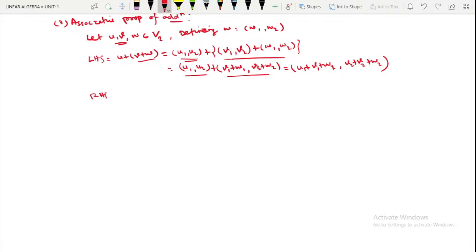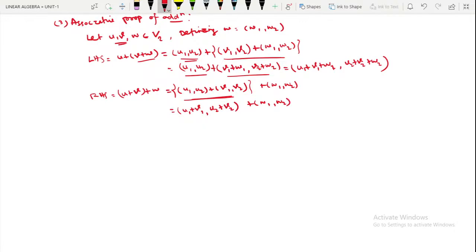Similarly, if I come from the RHS, your RHS says u plus v in bracket, then plus w. If I write this, what is your u? This is u1 comma u2 and your v is v1 comma v2. This is in bracket, then your w is w1 comma w2. If I do the bracket work first, this will be u1 plus v1, then u2 plus v2, then plus w1 comma w2.